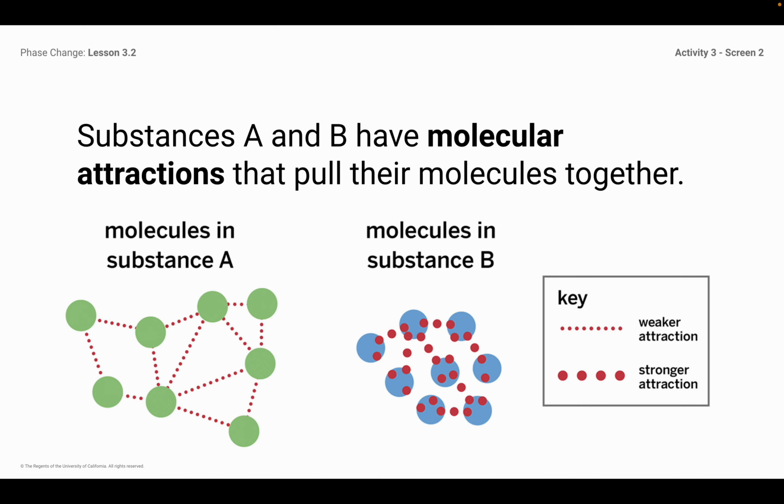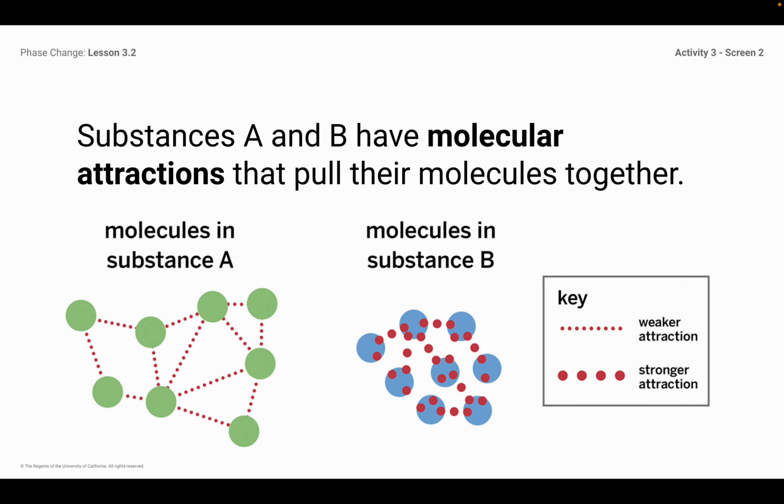In the article, it showed this diagram, and I wanted to pull this up real quick just to show everybody, so you can check your answer against what I'm going to say. And if that's not what you have, you need to revise. So substance A and substance B are two very different substances. I can tell just by looking at these that substance A has weaker attraction.